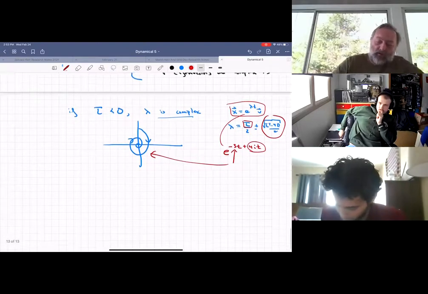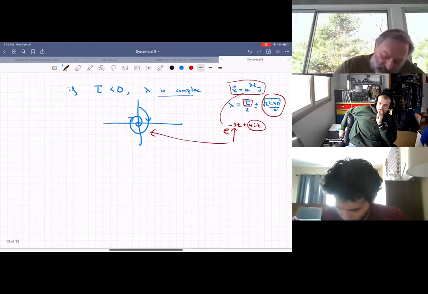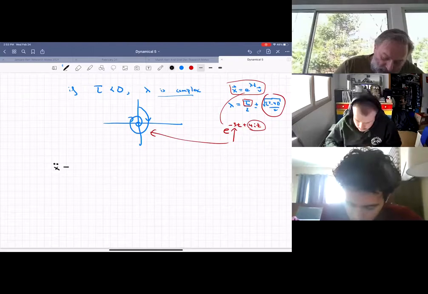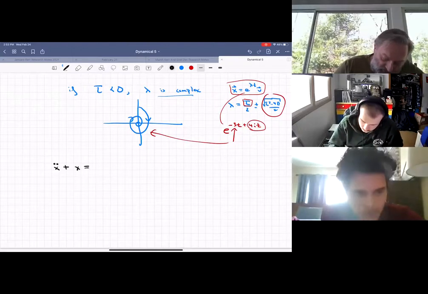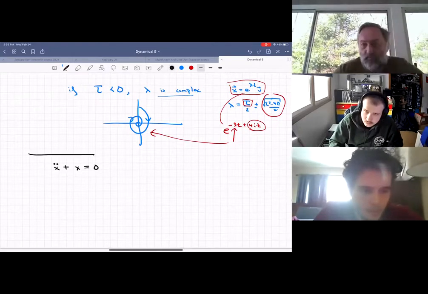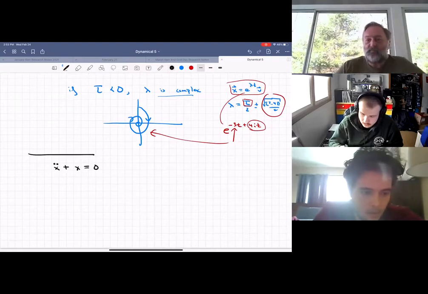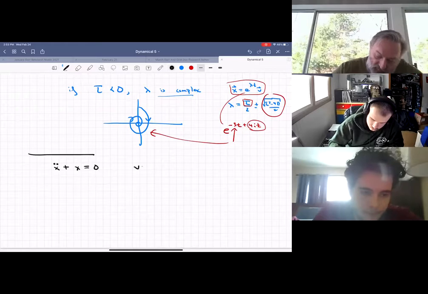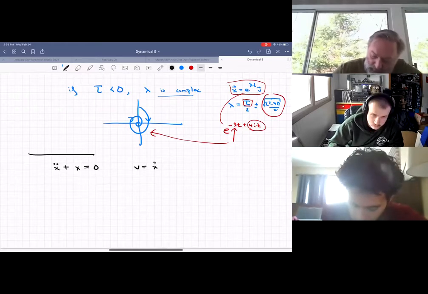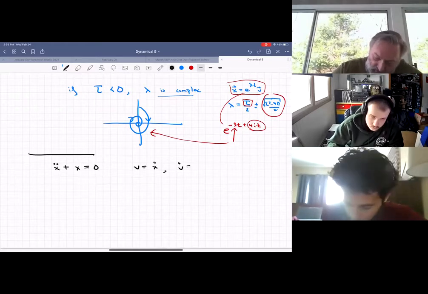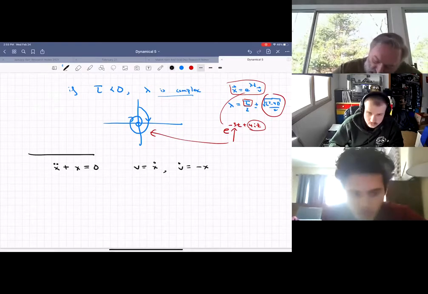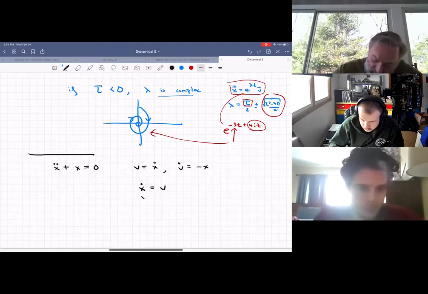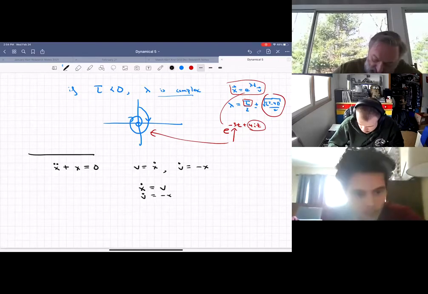Let's go back and do the simple harmonic oscillator. So let's suppose I have x double dot plus x equal to 0. That means I introduce v to be x dot, and so v dot is minus x. So my equations are x dot is v, v dot is minus x.